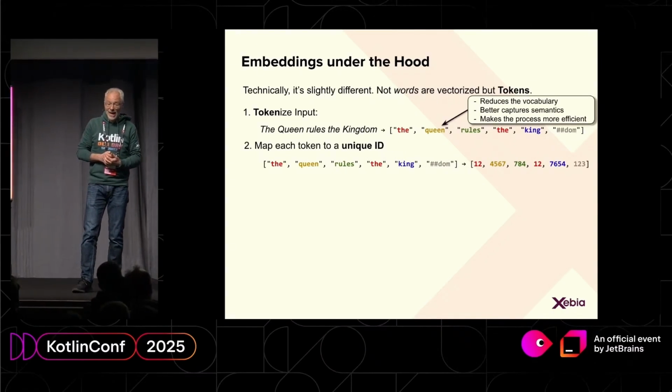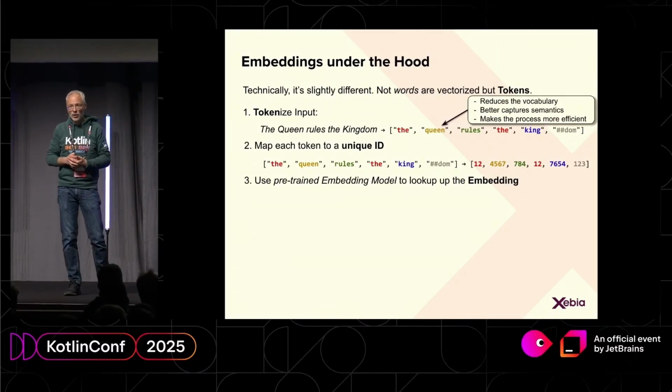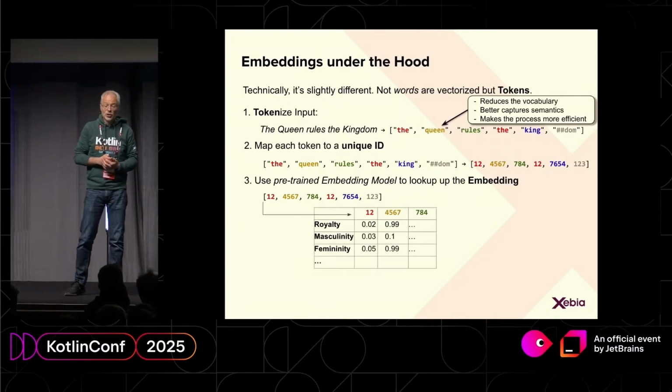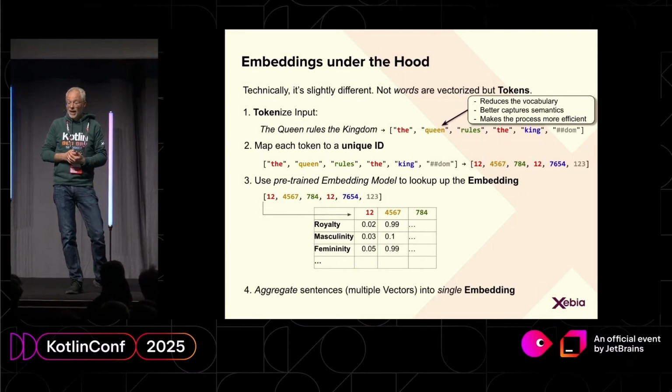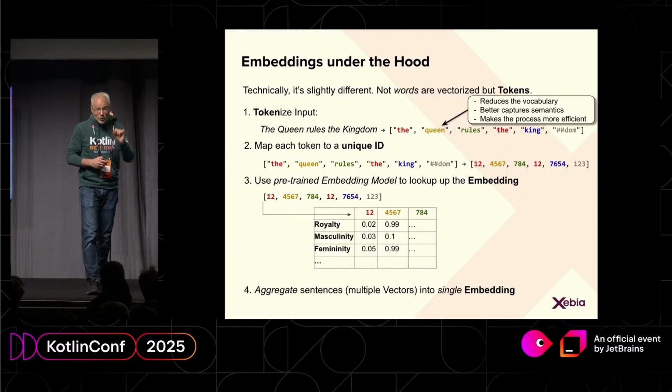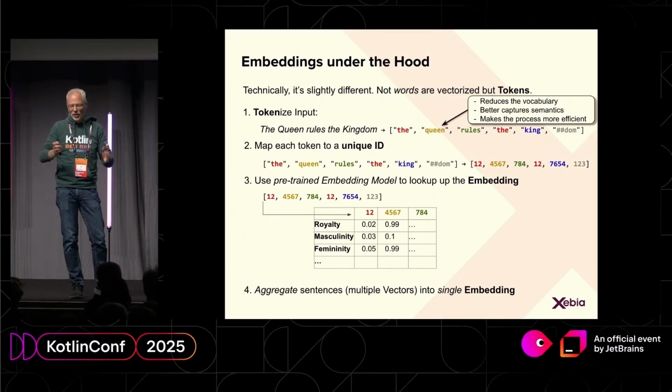Then we would simply assign every token an ID, like the becomes 12 and so on, and then we simply have to look up such a token and get the corresponding embedding. The cool thing is, this also works for whole sentences. How is this possible? For this, we actually only need math, no deep learning and so on.